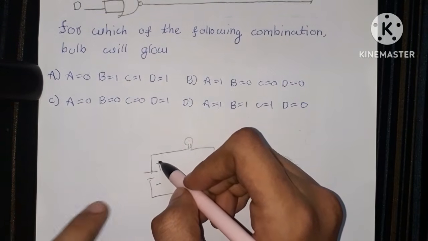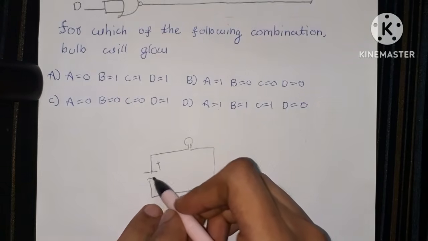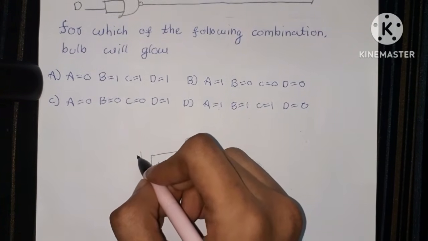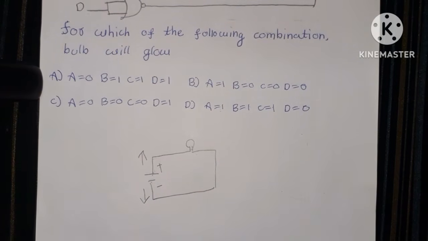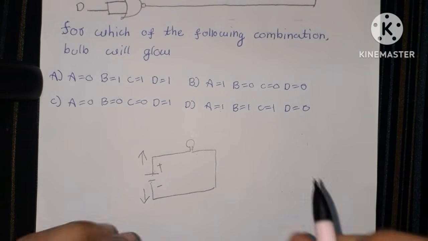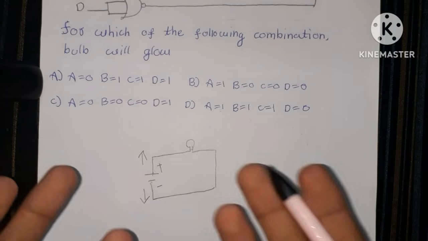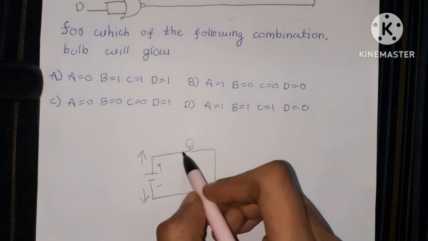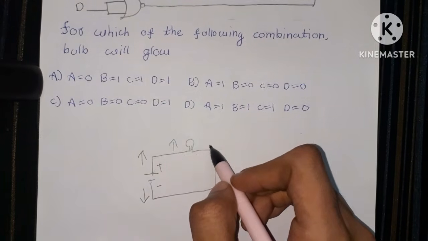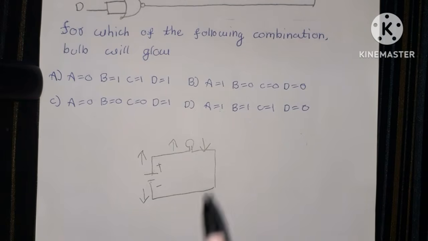You know that the positive terminal will have the high potential and the negative terminal will have the low potential. Now the current will flow from high potential to low potential, or if the device is a little bit different, it might be vice versa. Whatever it might be, when the bulb glows, at one end it should have high potential and at the other end it should have low potential, right? This is very clear for us.